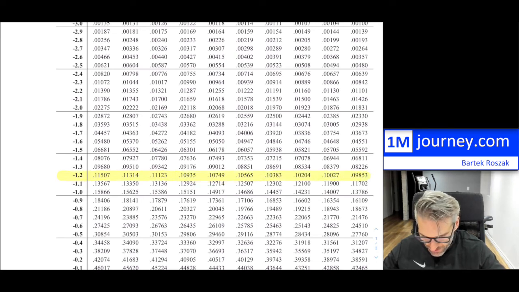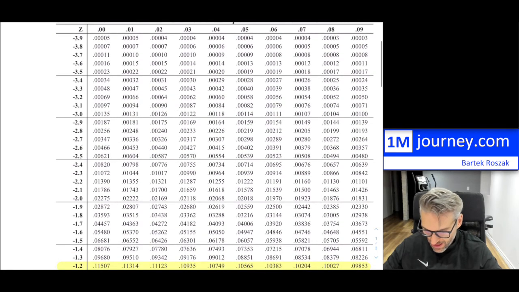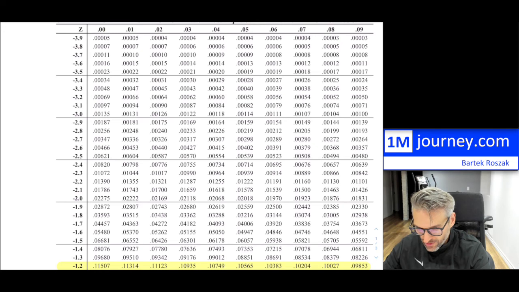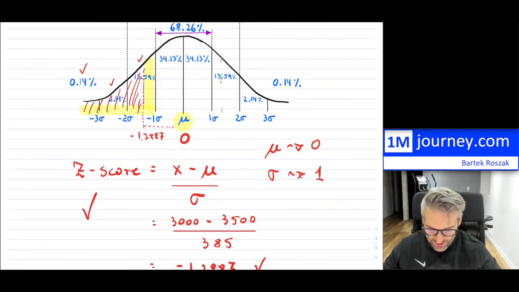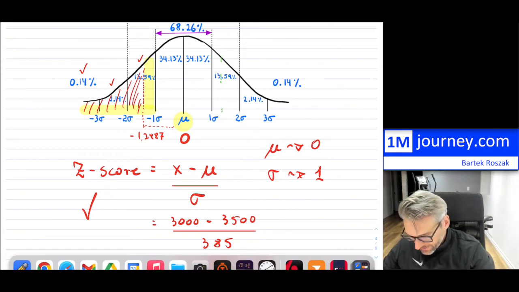And then on this scale, notice on top here, it has these values. So we want 1.2987. To be honest with you, it's about negative 1.3. Okay, so that is the z-score.